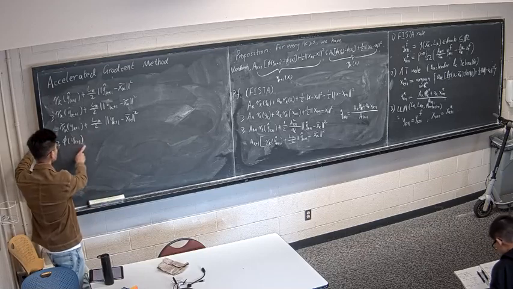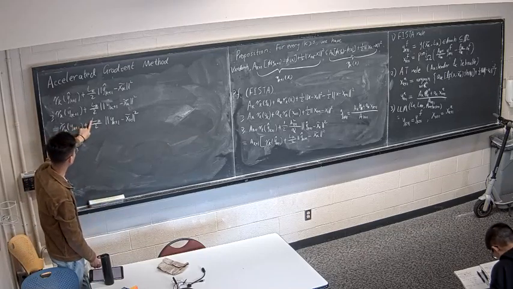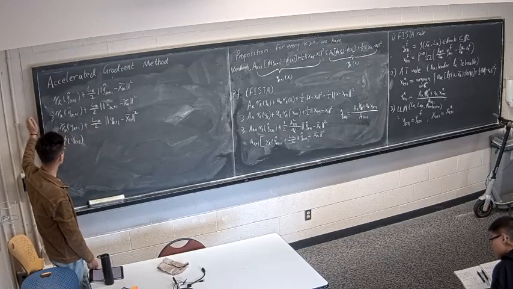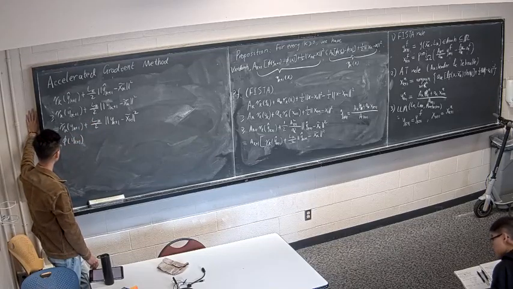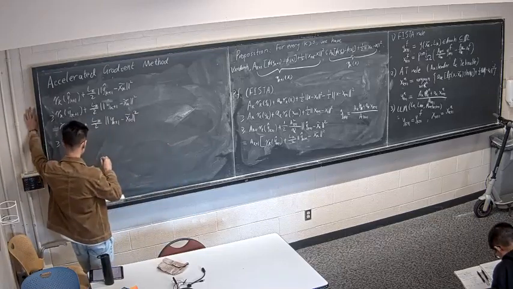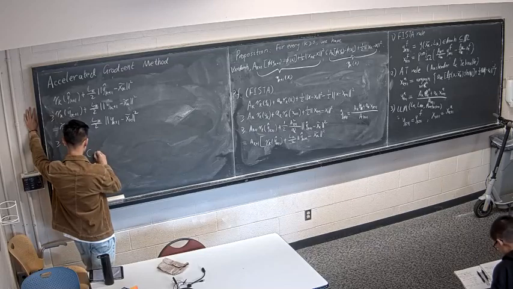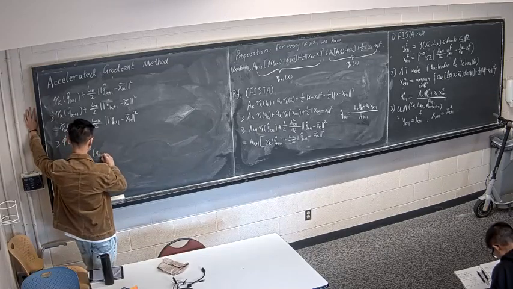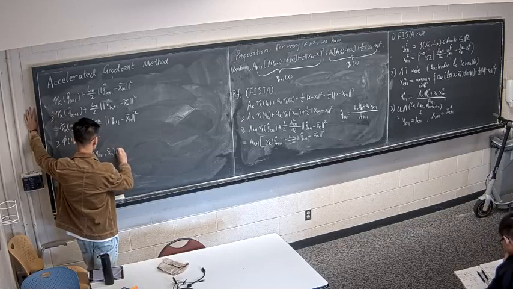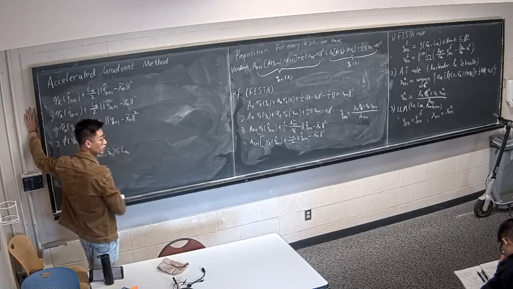And from here to here, we use the fact that L_k is a good curvature, a good local estimate for the L. Recall the good curvature means that the C of y_{k+1}, x_k tilde is less than or equal to L_k.